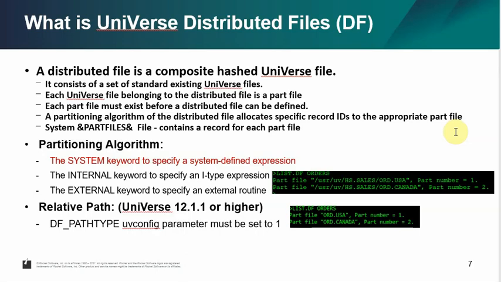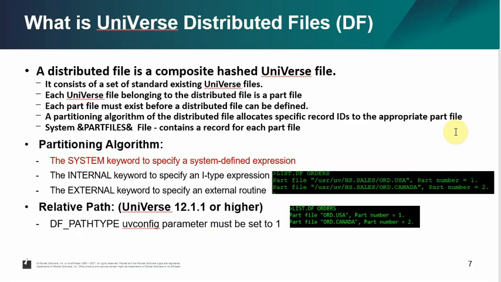There are three different types of partition algorithm. One is called system defined. Today we demo just the system algorithm sample file. Also, you can specify an internal one using an I-type field, or an external one like a subroutine.